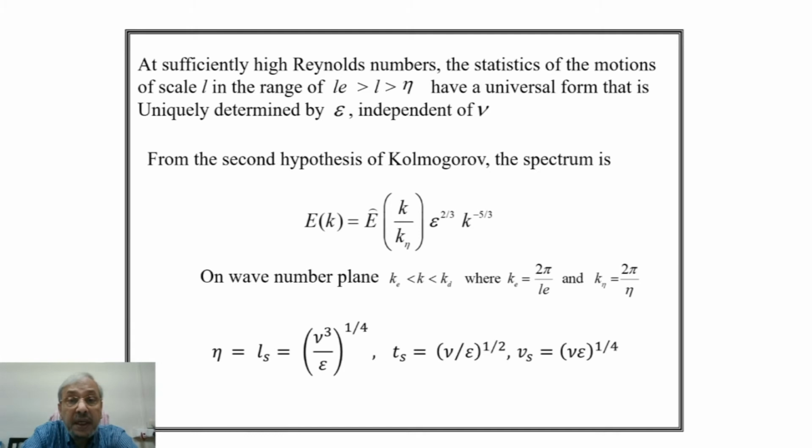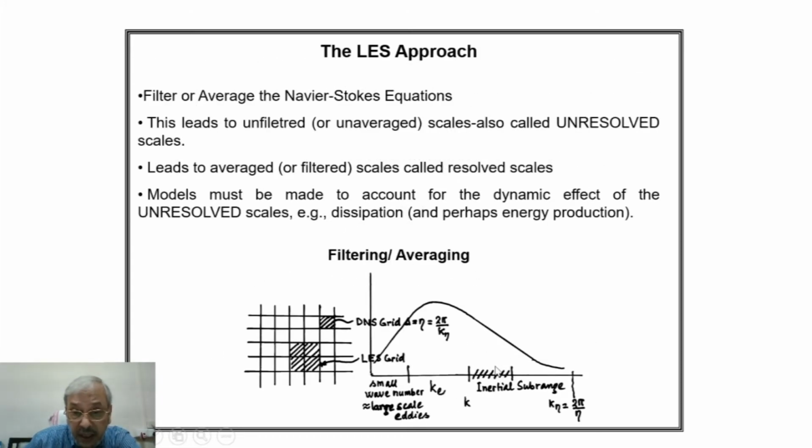So at sufficiently high Reynolds numbers, the statistics of the motions of scale L is in the range L between LE, which are energy containing scales or energy containing eddies, and η. So we want to be somewhere here.